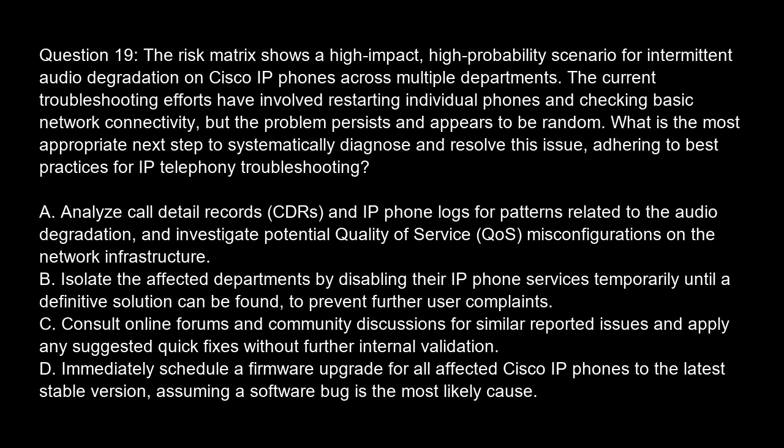Option C. Consult online forums and community discussions for similar reported issues and apply any suggested quick fixes without further internal validation. Option D. Immediately schedule a firmware upgrade for all affected Cisco IP phones to the latest stable version, assuming a software bug is the most likely cause.